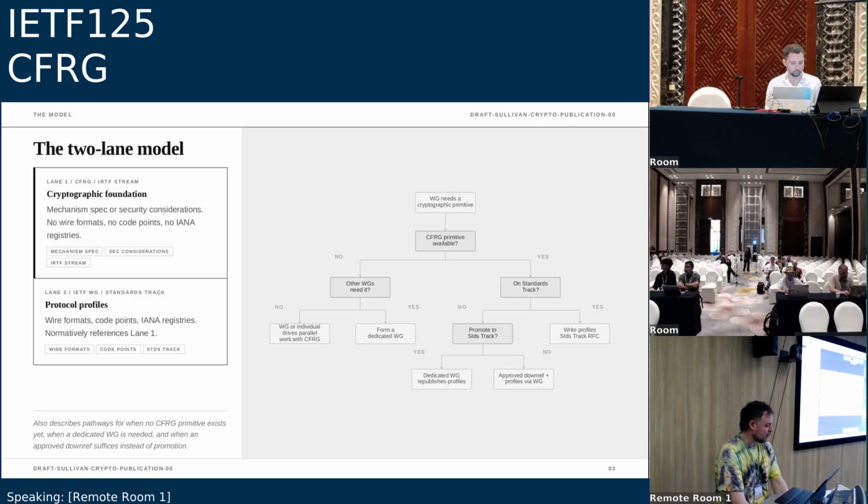So, for example, we have LAMPS, and we have the JOSE working group, and we have MLS, who are all interested in PQ hybrids, and they have made different choices as to which parameterization to use, which version of ML-KEM, which version of the elliptic curve.